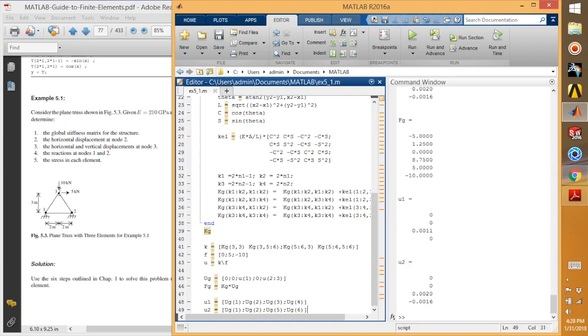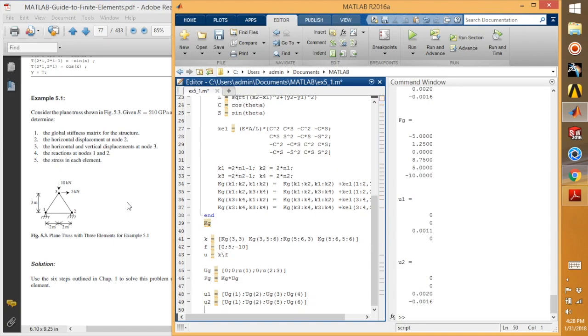And the last element, which is element 3, is between 2 and 3, which means UG of 3, UG of 4, UG of 5, and the last UG of 6. So we have all the element displacements numbered as U1, U2 and U3.